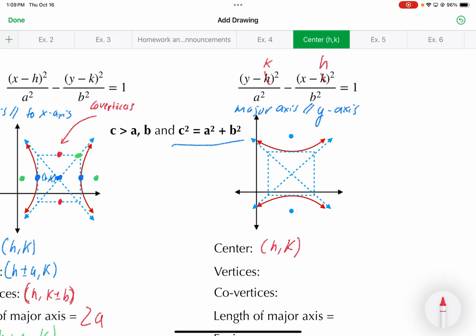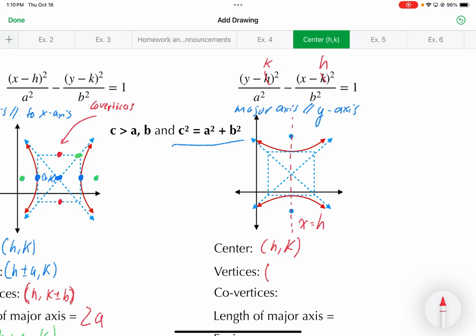I apologize. Okay, so my vertices now, since my major axis is parallel to my y-axis because my y term has the positive coefficient, my vertices are going to lie along a vertical line, okay? And I should really put this in there. The equation of that vertical line would be x equals h, right?